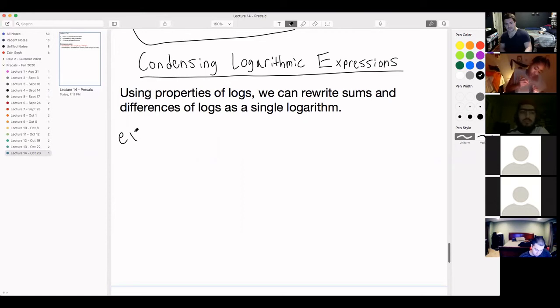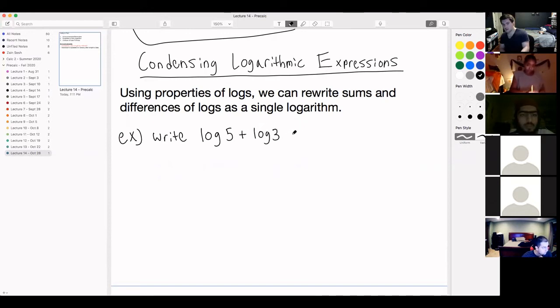So, example: write log 5 plus log 3 minus log 2 as a single logarithm. That's the important part.